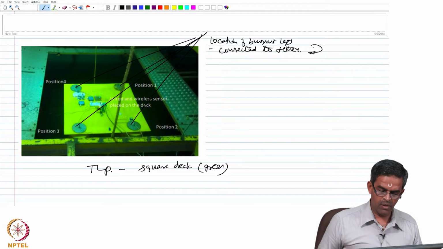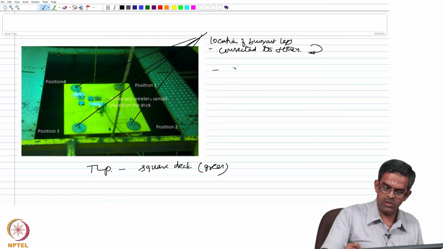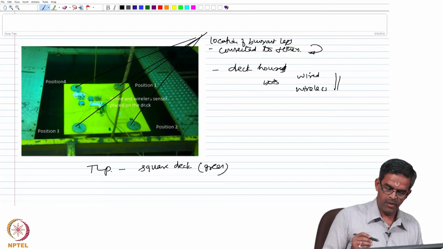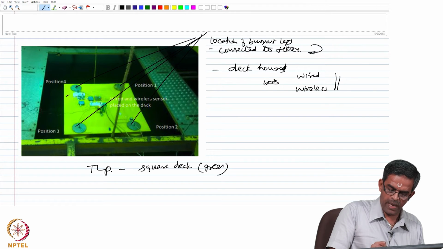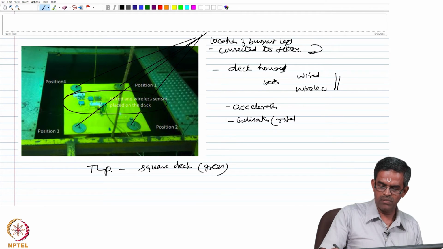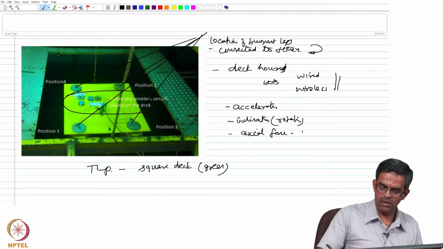You can see here the deck houses both wired and wireless sensors. These wired sensors and wireless sensors are placed on the deck, and can measure acceleration, inclination, that is what we call rotation, and of course, the axial force in the tethers.